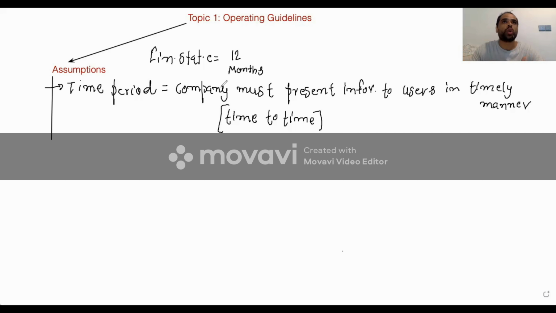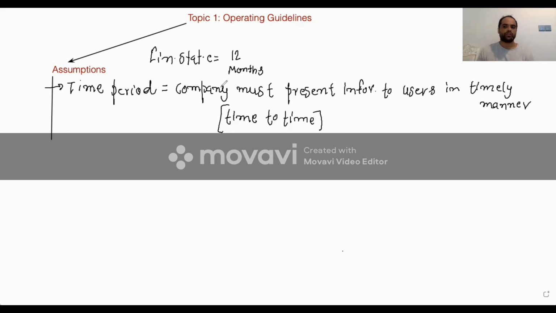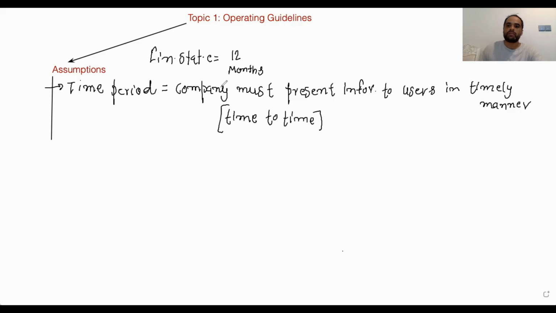If the users are waiting too long, which is 1 year, to receive information from the company, that information will not have any economic value that users can use to make a decision. That's why a company must present information to users from time to time. From time to time normally means quarterly. A quarter means 3 months.